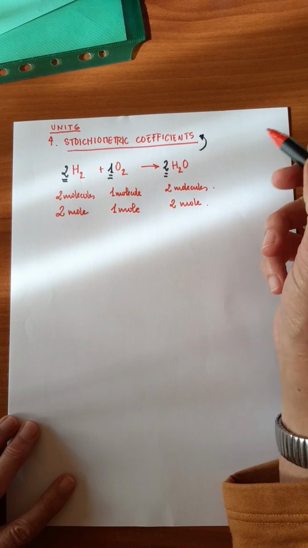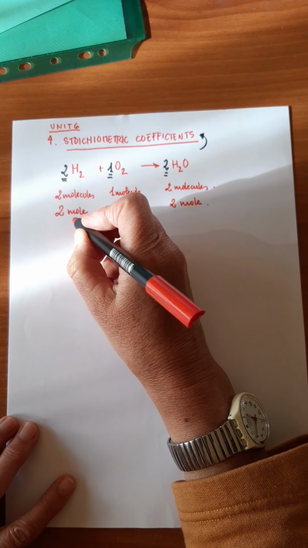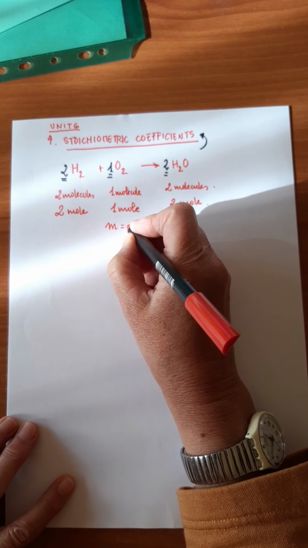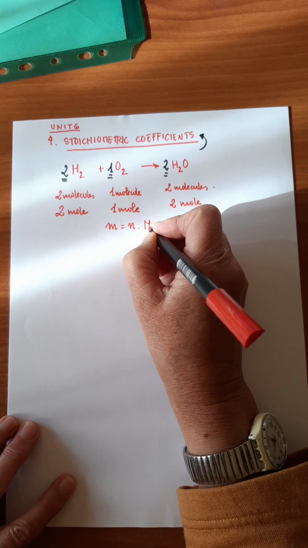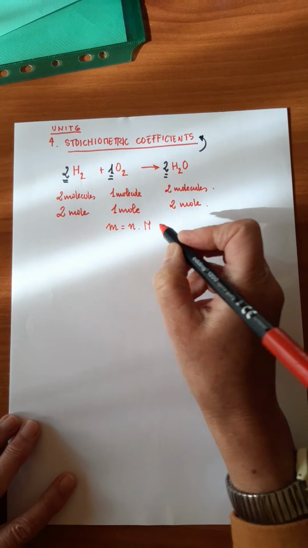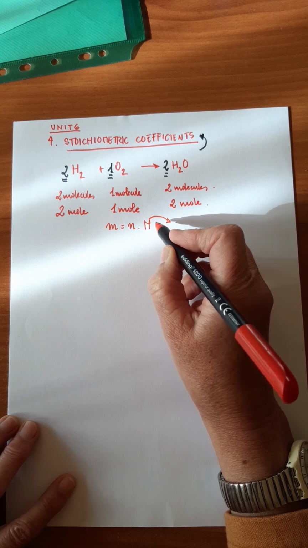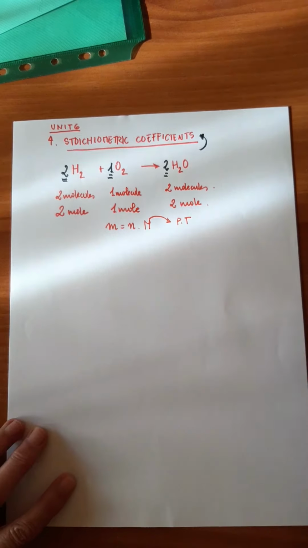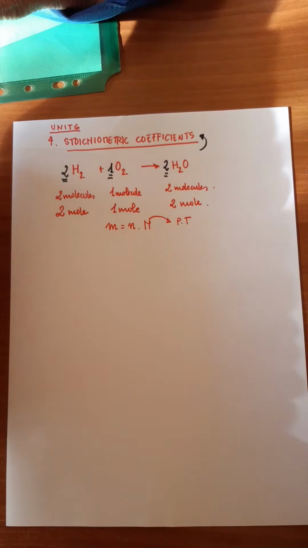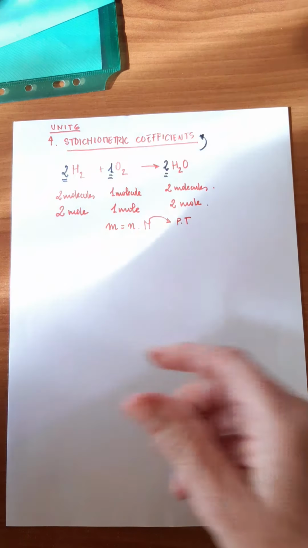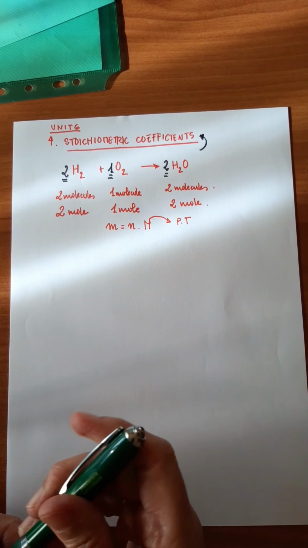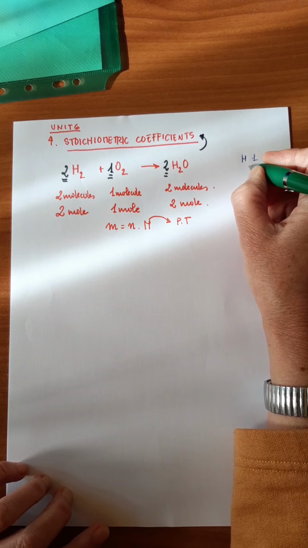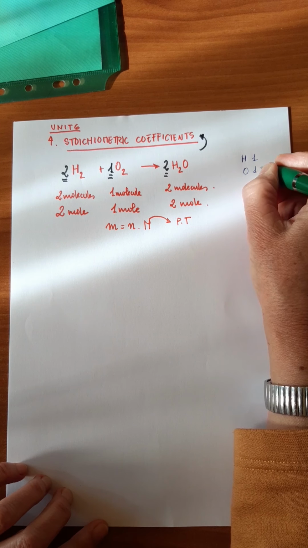And now we can translate this to grams using the formula mass equals number of moles times molar mass. I remind you that the molar mass, we get this number from the periodic table. Okay, so if we go to the periodic table, we find that the molar mass for hydrogen is 1 and for oxygen is 16.